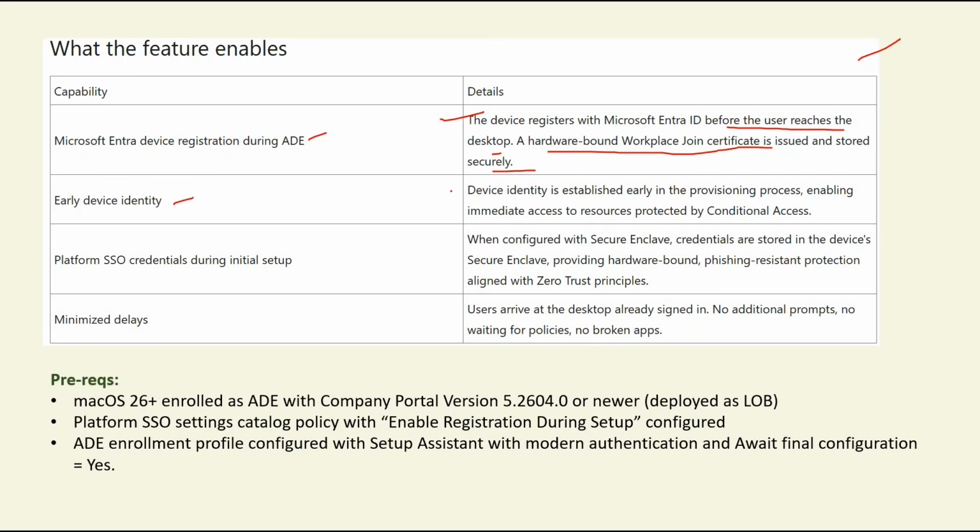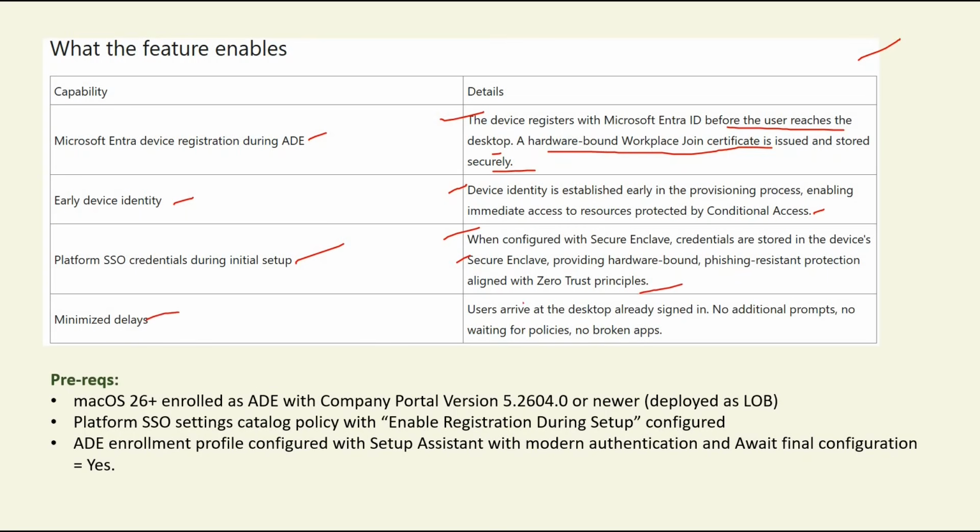Now, early device identity, the device identity is established early in the provisioning process, enabling immediate access to resources protected by conditional access. Rather than it going to the desktop screen and then the end user clicking on the registration prompt and doing the registration, all that time is saved. And the Platform SSO credential during the initial setup, as we said, when configured with secure enclave, the credentials are stored in the device's secure enclave, which you already know, providing hardware-bound, phishing-resistant protection aligned with zero trust principles of Microsoft.